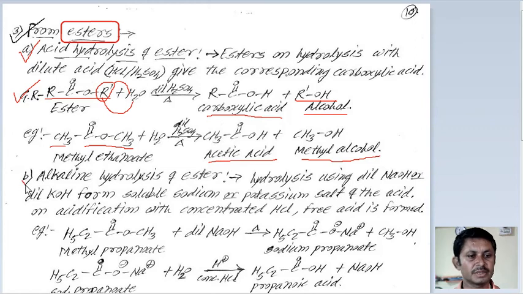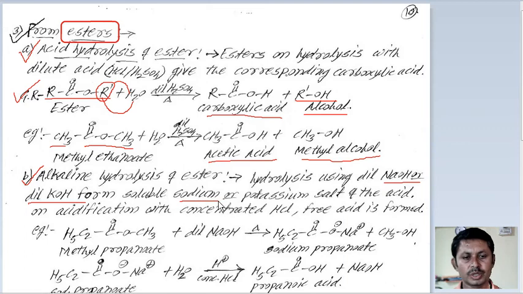And the second method is alkaline hydrolysis of ester. The first method is acid hydrolysis and the second method is alkaline hydrolysis of ester. Hydrolysis using NaOH, that is alkali, or dilute KOH forms soluble sodium or potassium salts of acids.